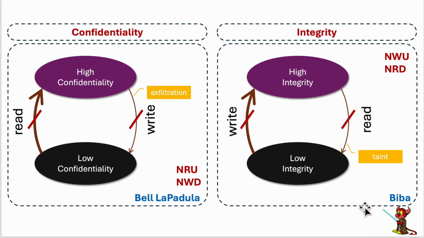The Biba model is a model that focuses on integrity. So now the idea is you have a high integrity process or file, and you have a low integrity process or file. And because you want to guarantee the integrity, a process with low integrity should not be able to write to a high integrity file or process.